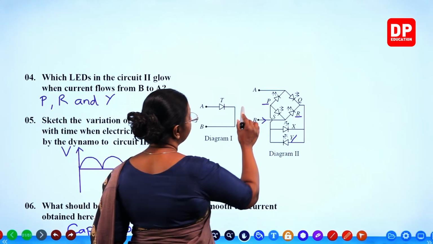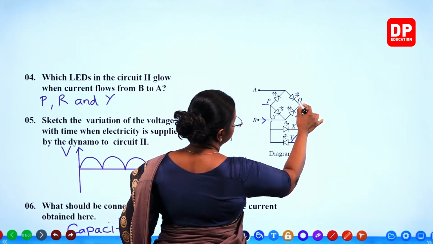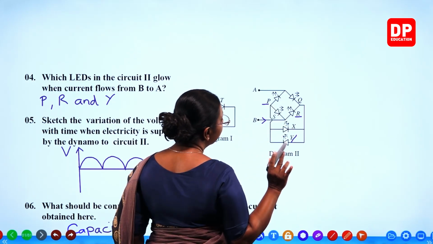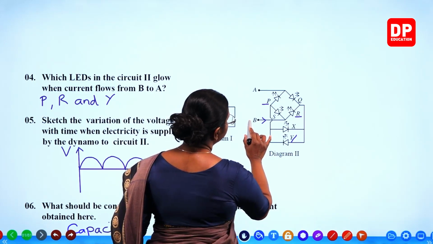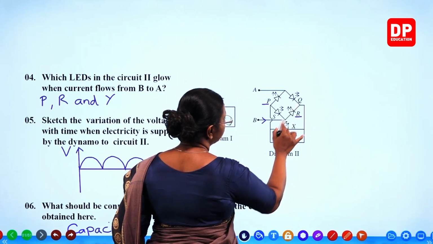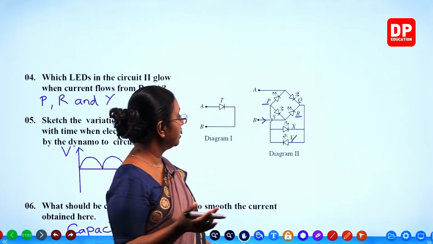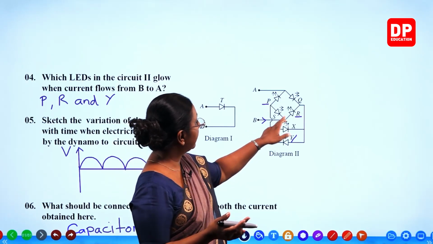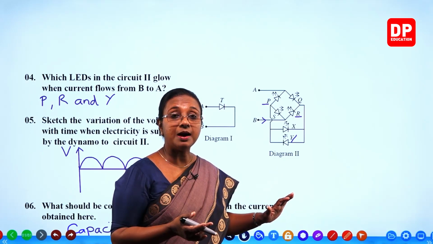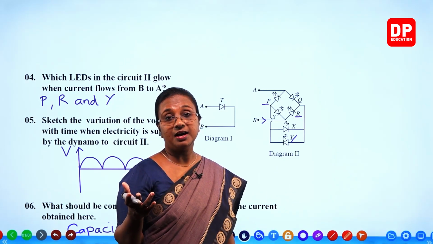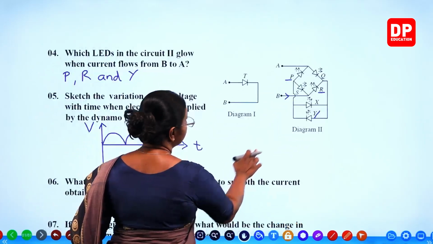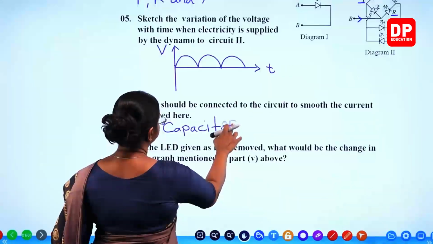In one instance, from A to Q, then to Y, then up to this point, S and B. That part is fine. But when current flows from B, then what will happen? The current cannot flow through R. There is no connection there. So because of that, it cannot go back through S also. S is reverse bias. So it will become a half wave rectified current. It will not be full wave rectified. It will be half wave rectified. So that is what we have to show here.